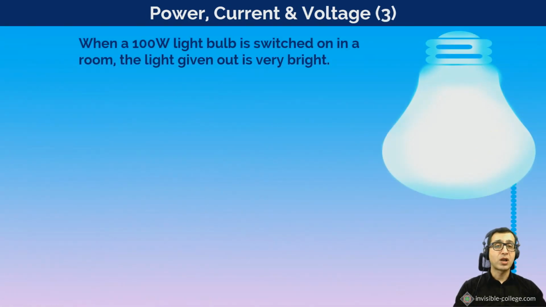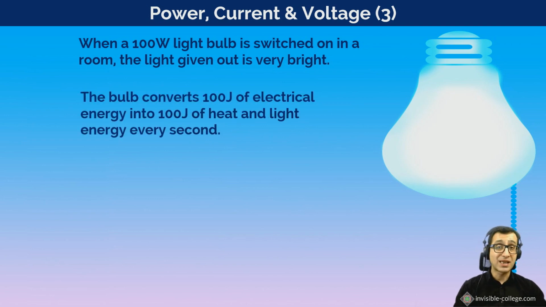So when a 100-watt light bulb is switched on in a room, the light given out is very bright. The bulb is converting 100 joules of energy per second from electrical energy, which is the input, to other forms of energy, in this case light and some heat. But the power rating, 100 watts, describes the total energy transferred from the input form to all of the output forms per second.